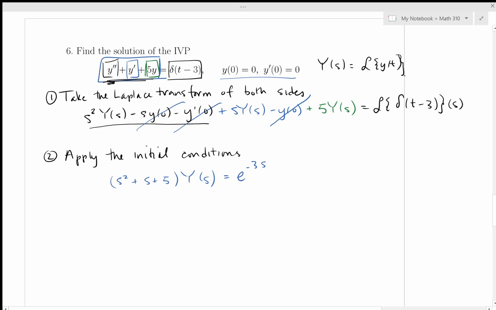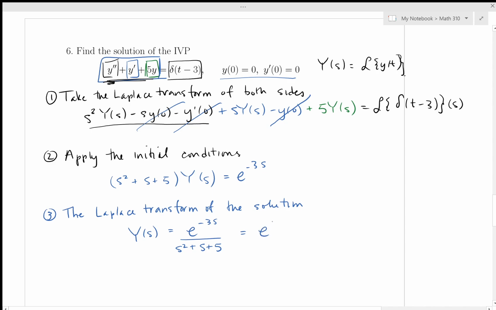Okay, so now we, in some sense, have a solution. The Laplace transform of the solution, that's Y of s, is going to be equal to e to the minus 3s over s squared plus s plus 5. And that is e to the minus 3s times H of s.